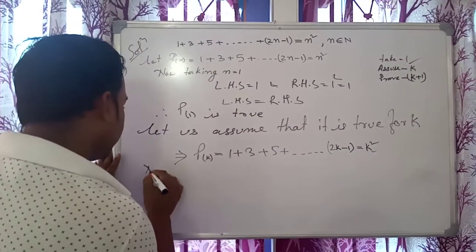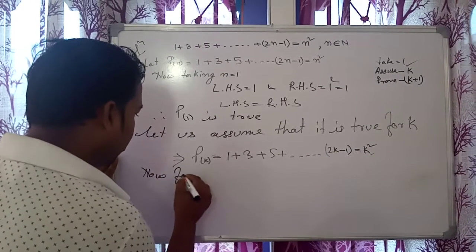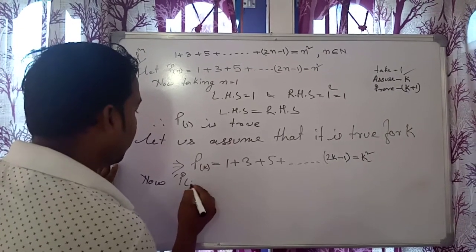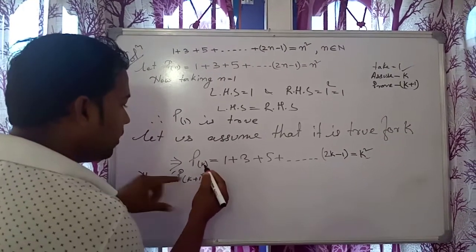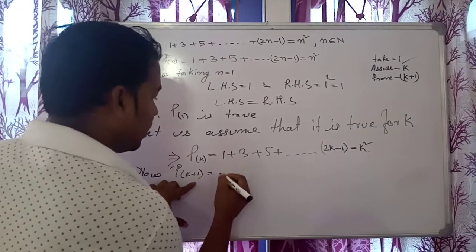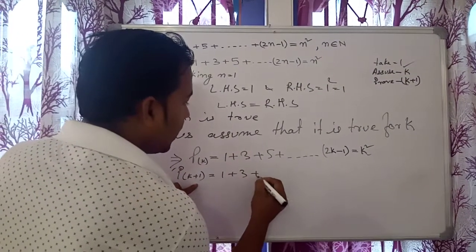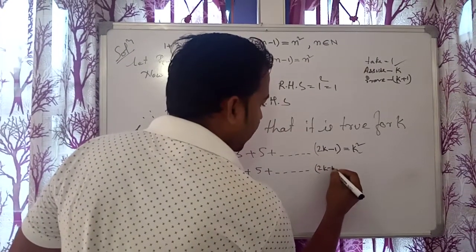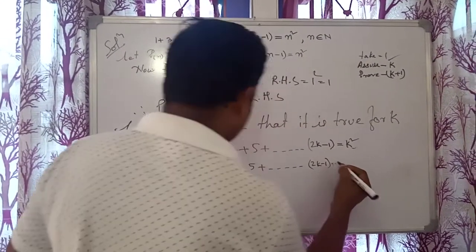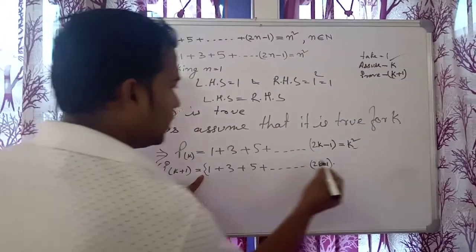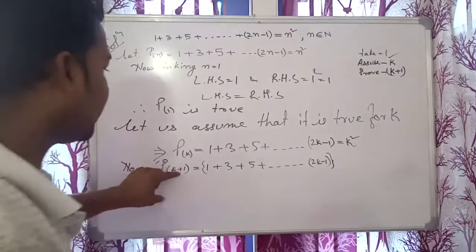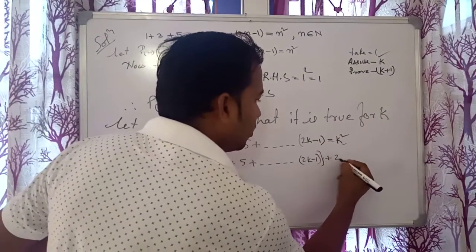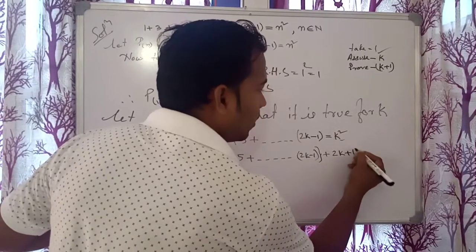Now P of k plus 1. In place of k, what are we writing? K plus 1. 1 plus 3 plus 5 plus dot dot dot 2k minus 1. Since we are writing k plus 1, here also you have to write k plus 1, that means 2k plus 1.